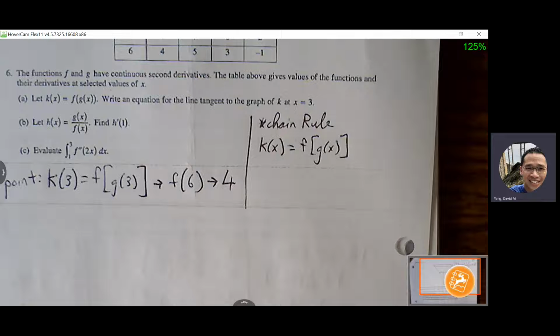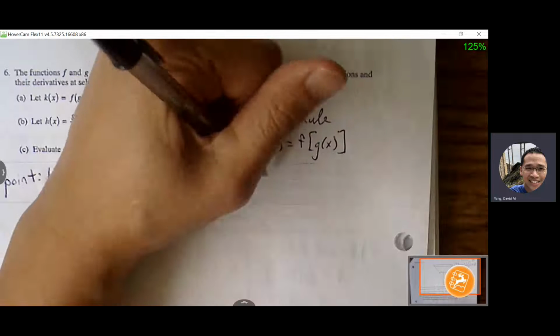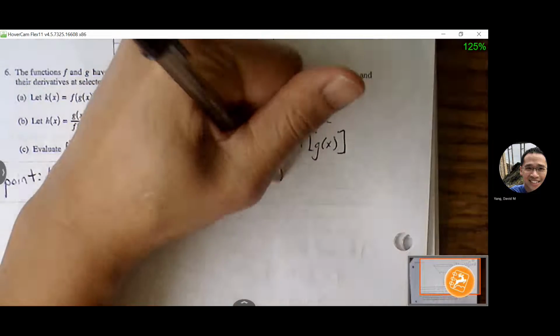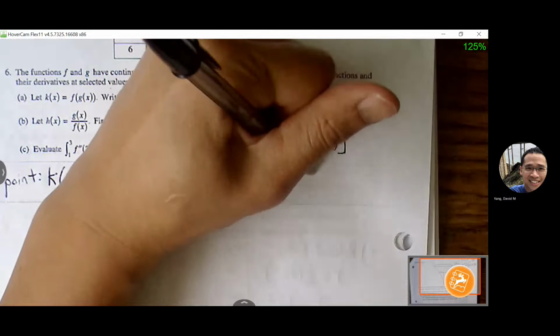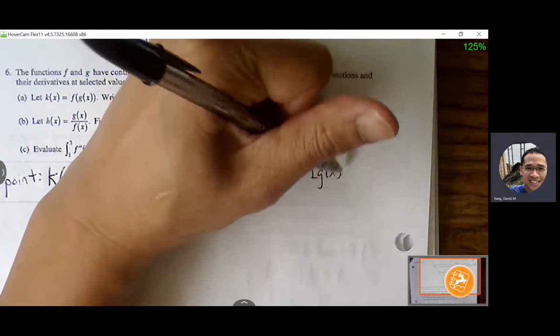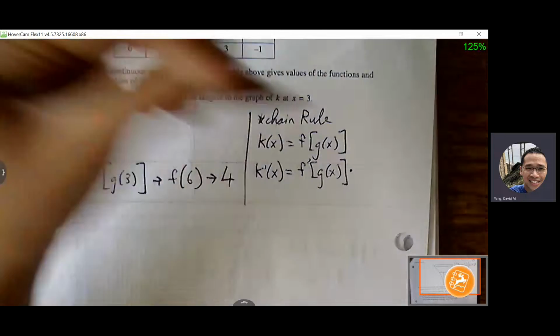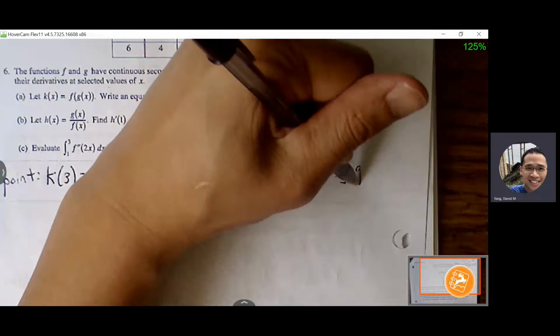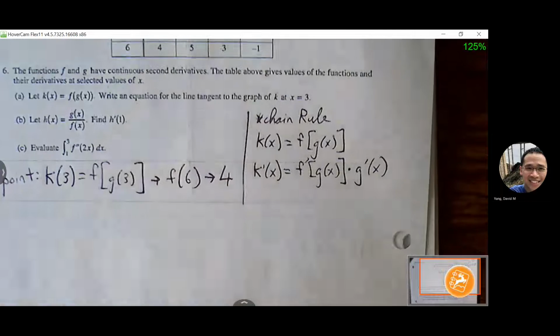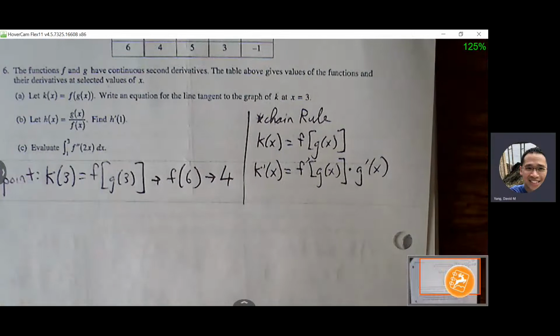We'll take care of the f first, and then we'll take care of the g. So f prime of g of x takes care of the outside derivative, multiplied by the inside derivative, so g becomes g prime. Okay, replace every x with 3.